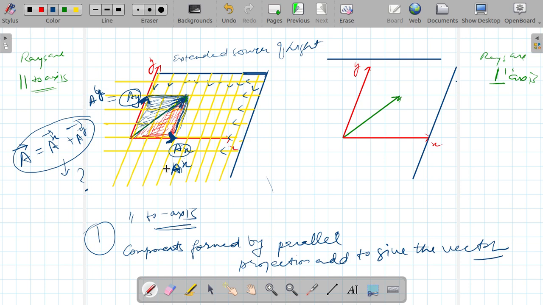But let us take another case. In the previous case, light was coming parallel to the axis, and if light is coming perpendicular to the axis, then what will happen? That's a very interesting case. So let me draw a diagram. Here the light is coming from this extended source perpendicular to the x-axis.